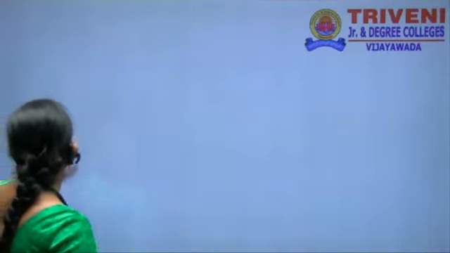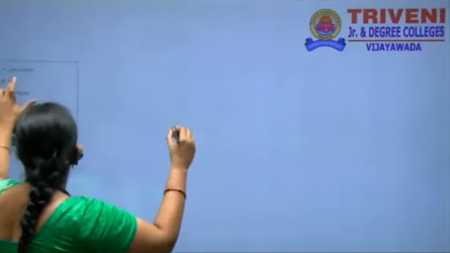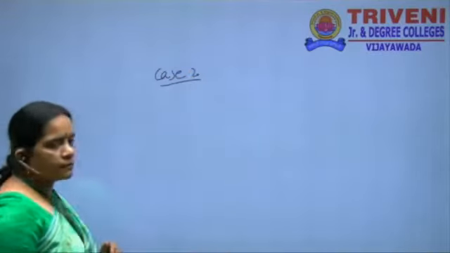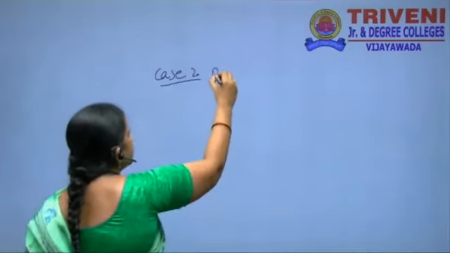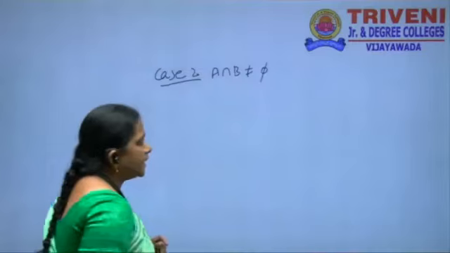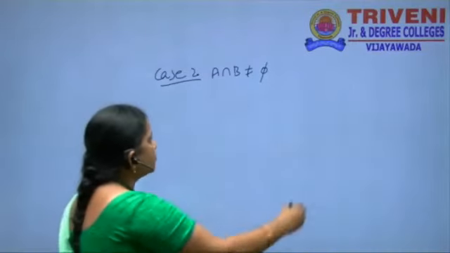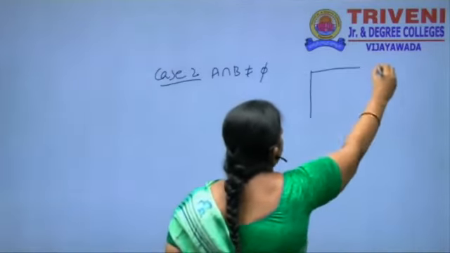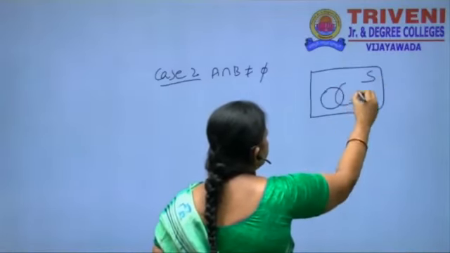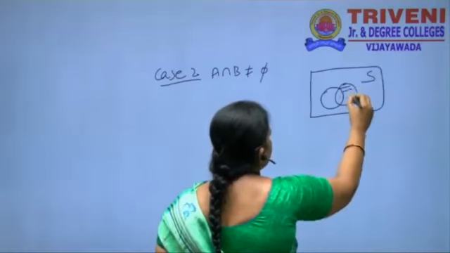In case 2, we take A intersection B not equal to phi. Taking a sample space S, A and B are two events.